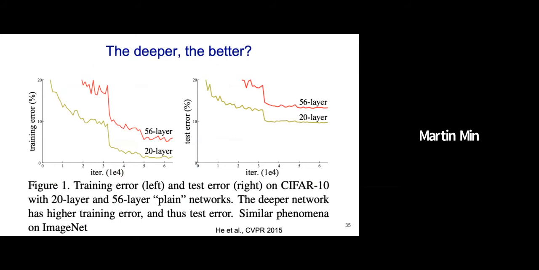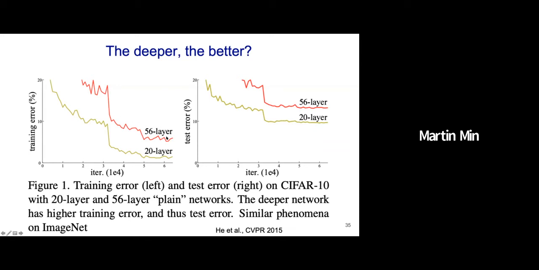So a natural question is: if we make our deep neural network deeper, do we get better performance? People found out it's not the case. If you train, for example, on ImageNet classification with VGGNet, using 20 layers they get a training error that is this low. But if we use 56 convolution layers, the training error is even higher.